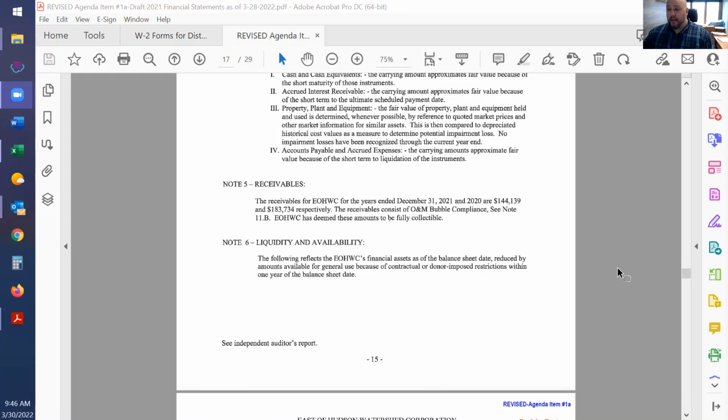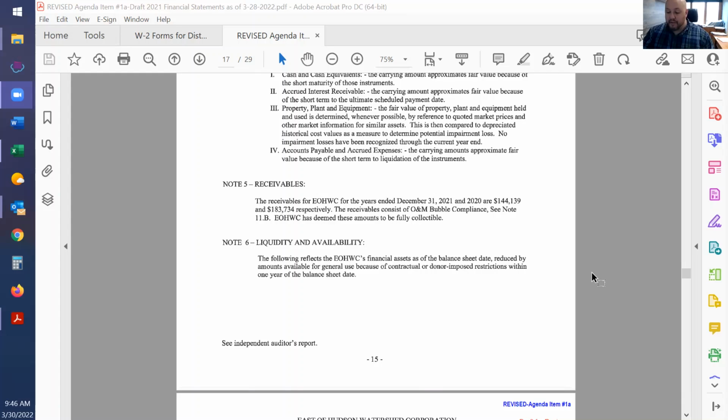For instance, prepaids, they've already been prepaid and expensed, so we really don't have that liquid cash available going forward. We take out the prepaids, we take out the donor restrictions on the O&M payments, and then we also take out the contractually imposed restrictions, which is basically the restricted net assets, because we have to account for that as well as a non-spendable asset going forward.